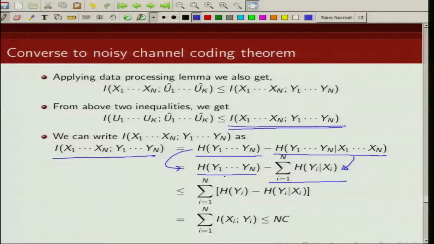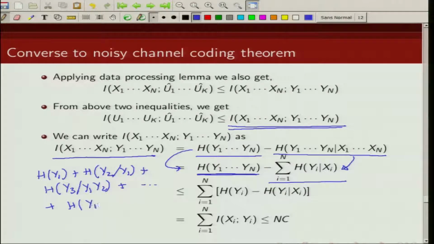Now, this joint entropy can be written using the chain rule as h of y1 plus h of y2 given y1 plus h of y3 given y1, y2, plus up to h of yn given y1, y2, up to yn minus 1.